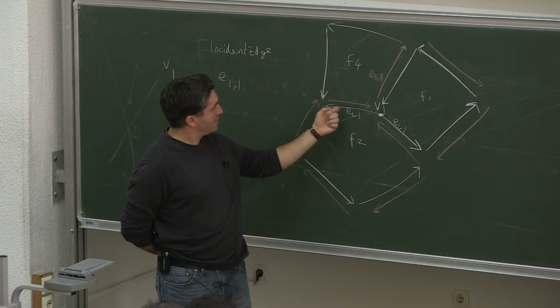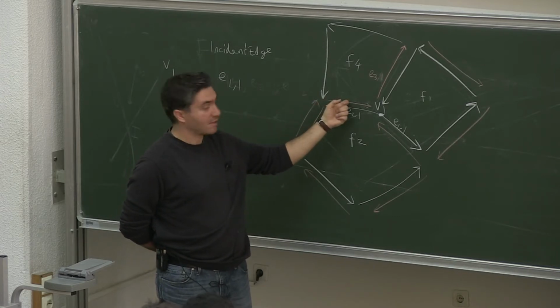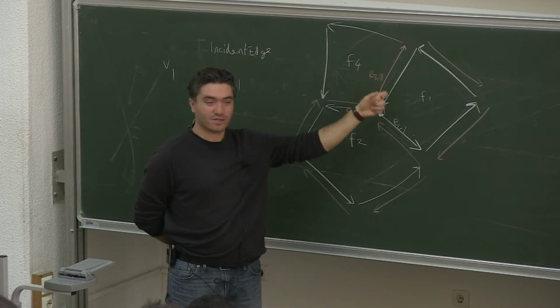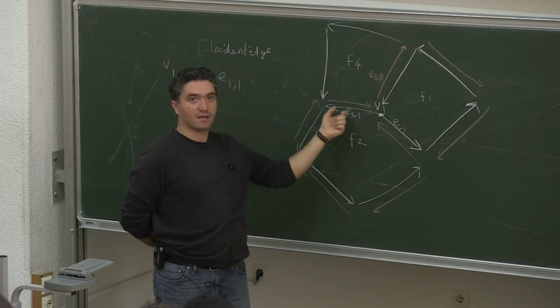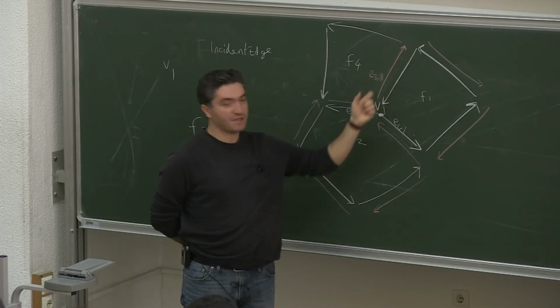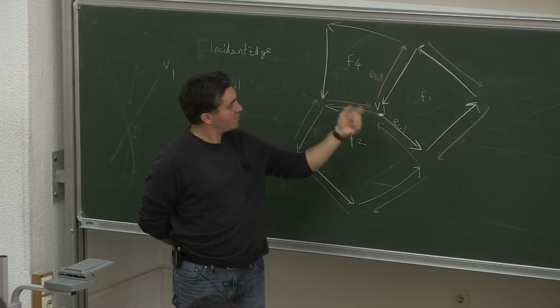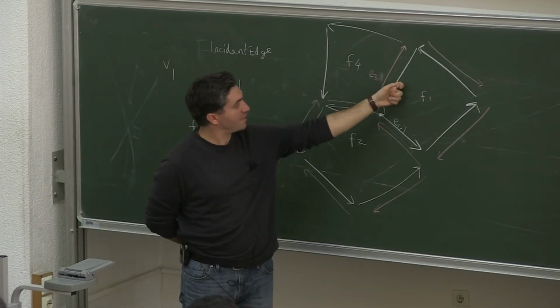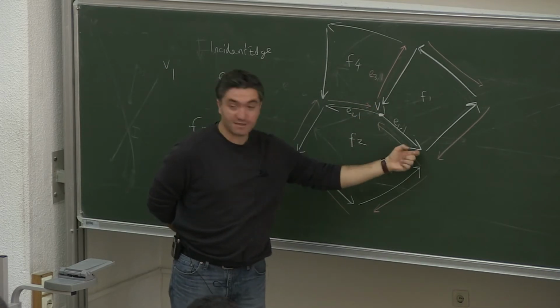And the twin of E21 is this. And its next is E31. So it's like we are doing a clockwise traversal. Let's do the same thing for E31. The twin of E31 is this one. Its next is E11.